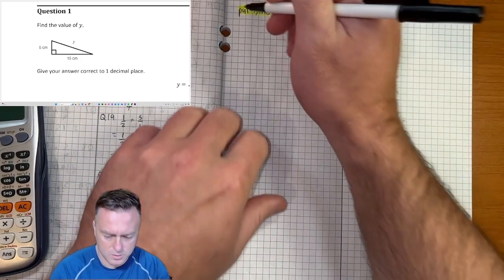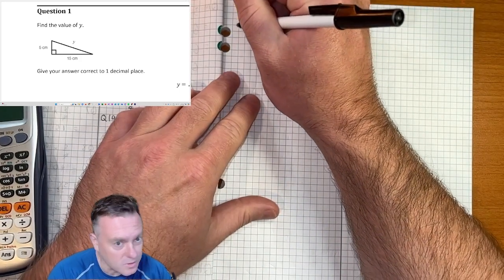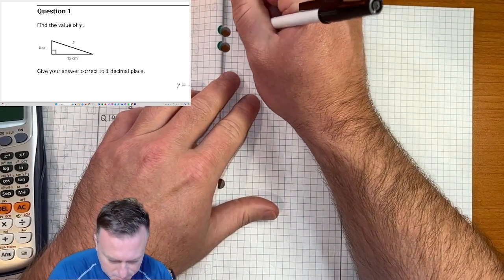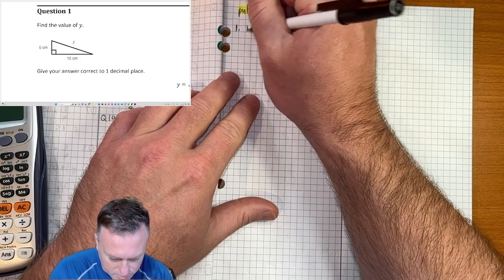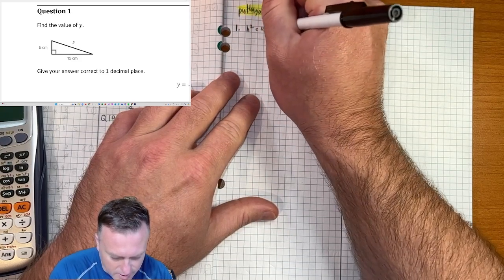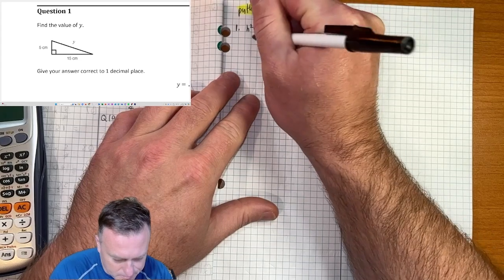Right. So I would always do, we're on question 1, and we state the rules. So h squared equals a squared plus b squared.